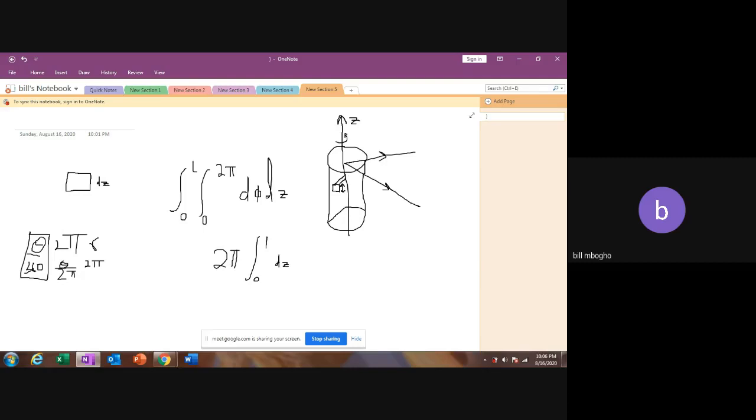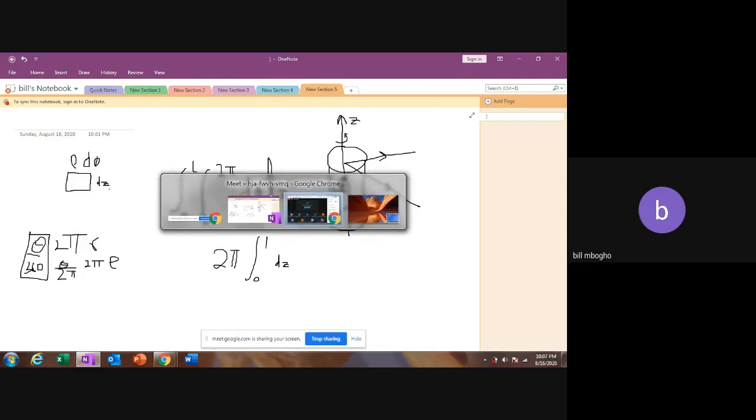So it's going to be times rho. Our angle doesn't have to be theta; it's what we're calling d phi, a small change in the angle. So it's rho times d phi. So now the small area is rho d phi dz. Hope that answers the question.